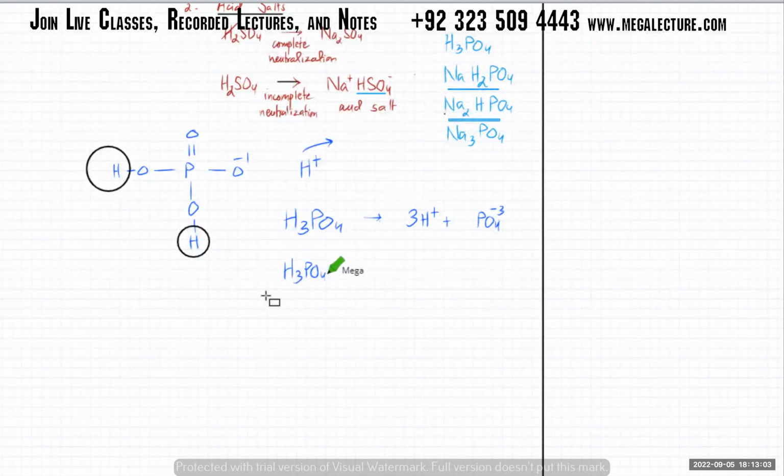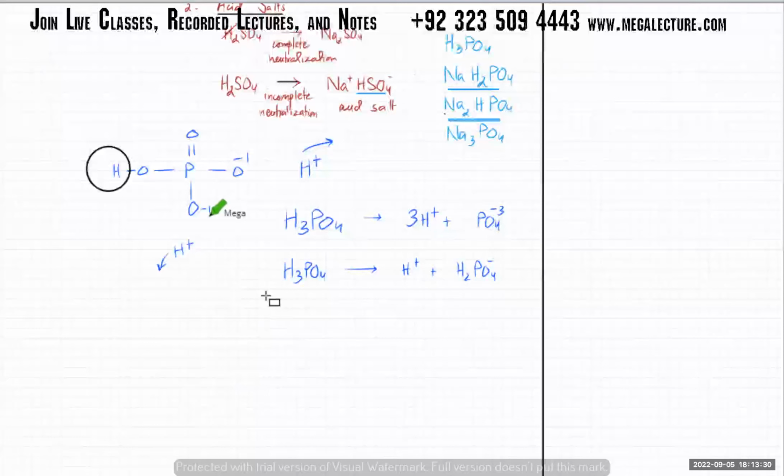The first step is that H3PO4 loses just one H plus one and ends up forming H2PO4, and it's got a charge of -1. Then what happens is that someone else comes in and steals one of the other H plus one ions. So another H plus one decides to leave.